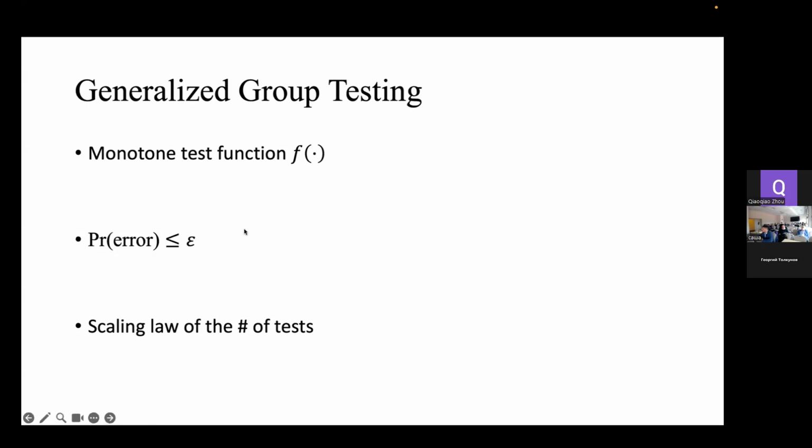We still require that the probability of error be arbitrarily small. Instead of precisely calculating the number of tests, can you at least give me the scaling law? So first, is it possible to identify the defective set under this monotone test function? The answer is yes.